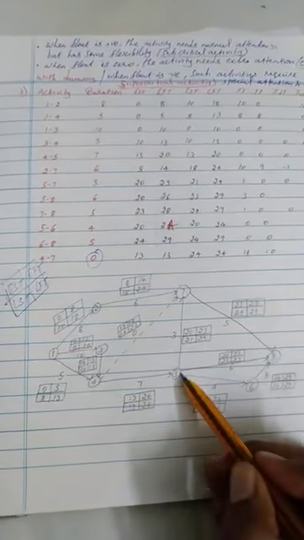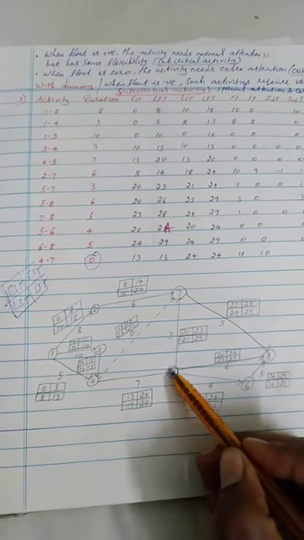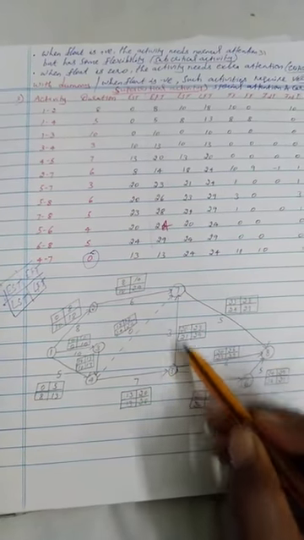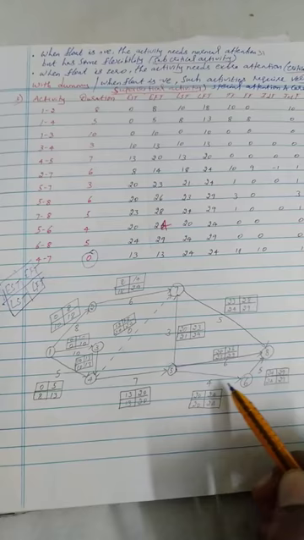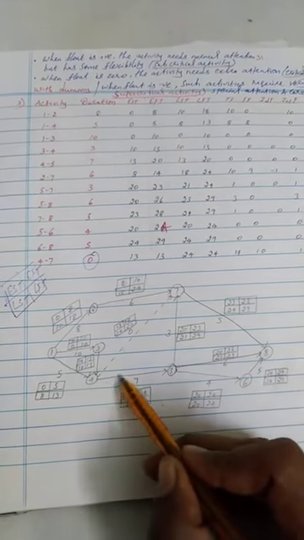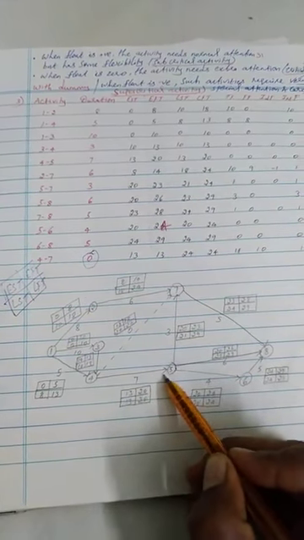One critical thing: if there is a junction here, 5 to 7, 5 to 8 and 5 to 6, 3 activities take place after this 4 to 7 activity.